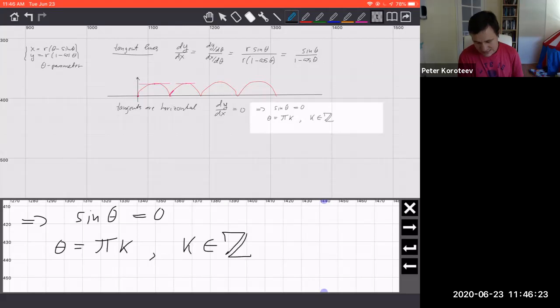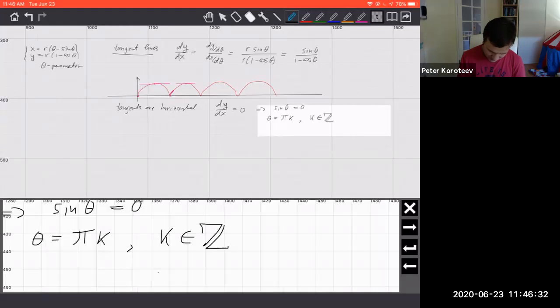Z denotes the set of integers. So these are numbers like -3, -2, -1, 0, 1, 2, 3, etc.